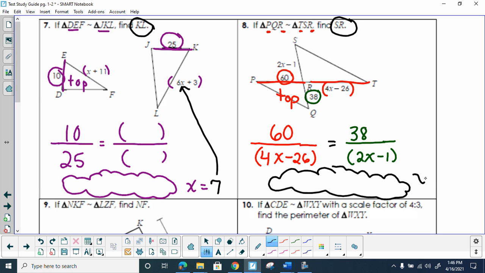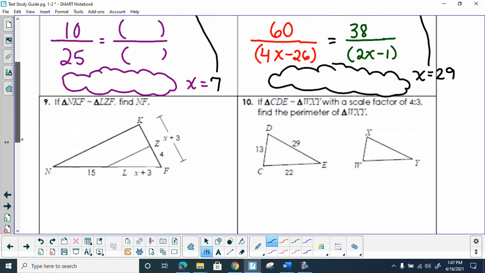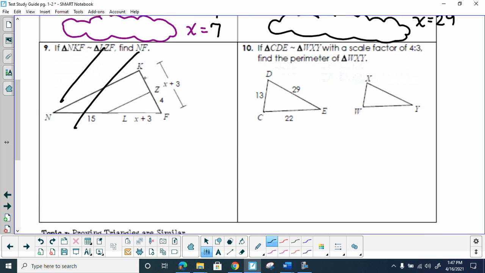And you should end up with x equals 29, which you're going to have to plug back in somewhere and find the length of SR. So I will let you do that part. We skipped number 9, but if you wanted to try it, x equals 7 and NF should equal 25.